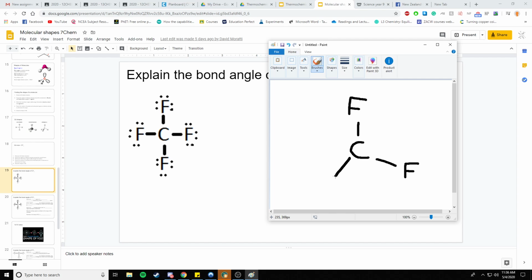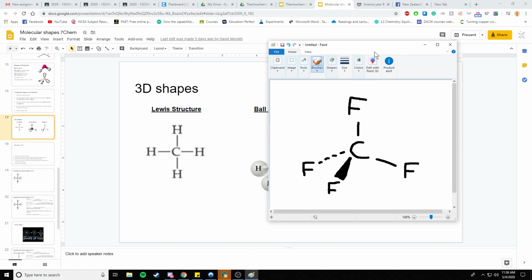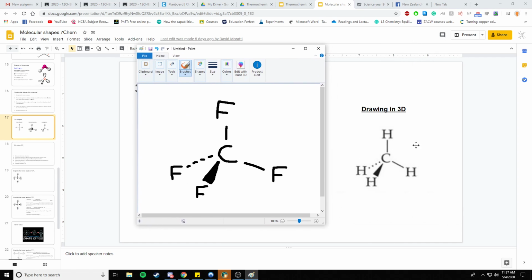We're going to have a bond coming out of the page towards us here, and this is showing a fluorine coming towards us. We're going to have some dashed lines behind our page showing a fluorine going away from us, and that is how we draw this molecule in 3D. As you can see, it's kind of similar to this one here, and we've just done it there.